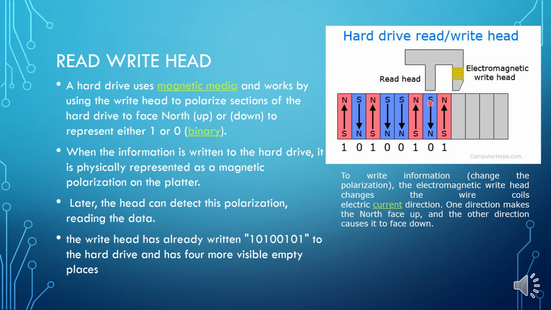The magnetization of this place takes place, and the polarization takes place, means it changes the direction of electric current. So it will flow from S to N, that is upside, and your data will be 1.